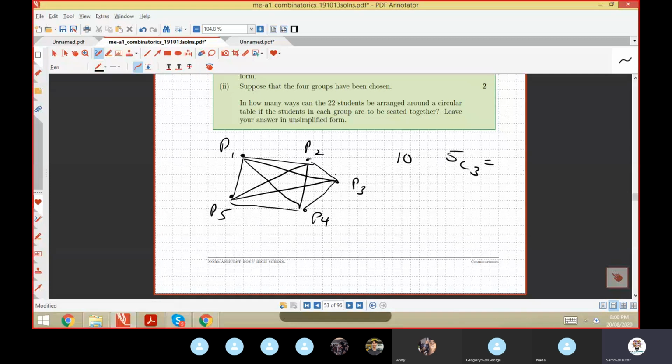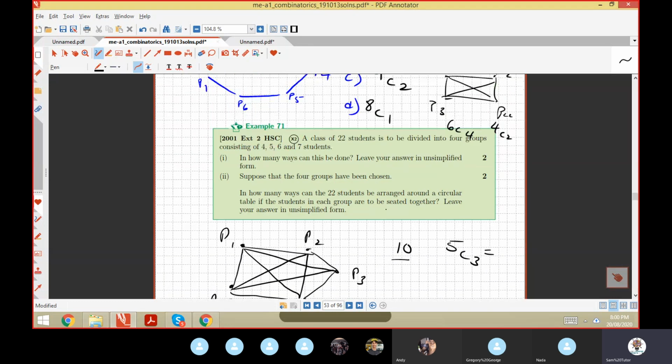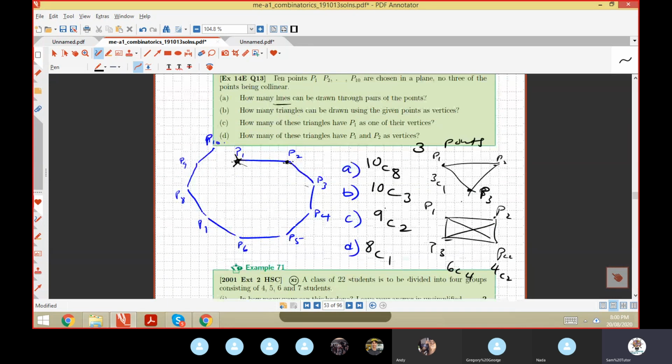If I had 5 points, I draw it all out. I had 10 lines, which is 5 choose 3, 2 less. I don't know where to find the logic for that, but I found the pattern. So the answer to the first one has to be 10 choose 8, which is 45.